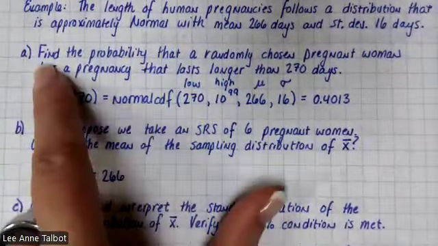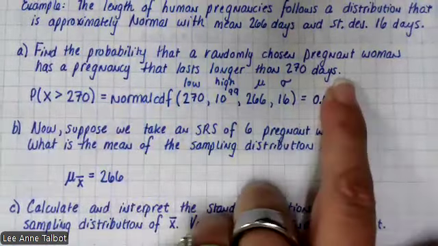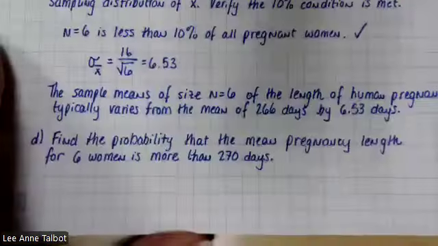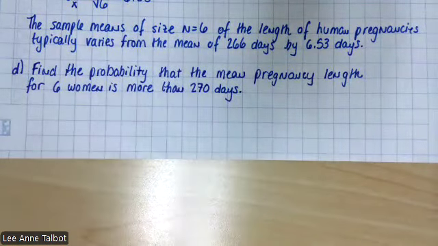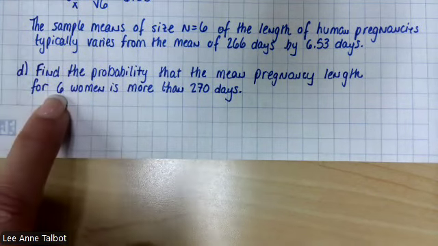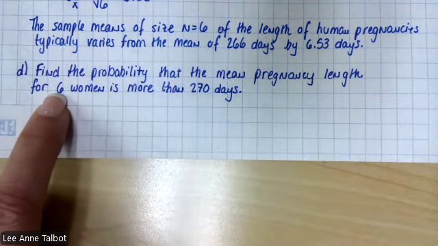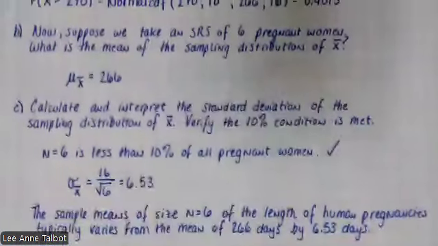Okay, so up here, you were in chapter 2. Find the probability that a randomly chosen pregnant woman has a pregnancy that lasts longer than 270 days. How do I know in this problem that I'm no longer in chapter 2, I am in chapter 7? 6 women. Okay, so scroll back up here.